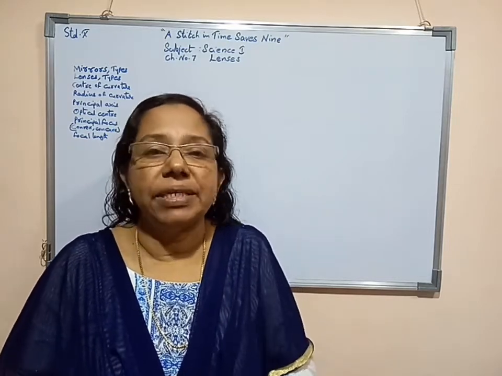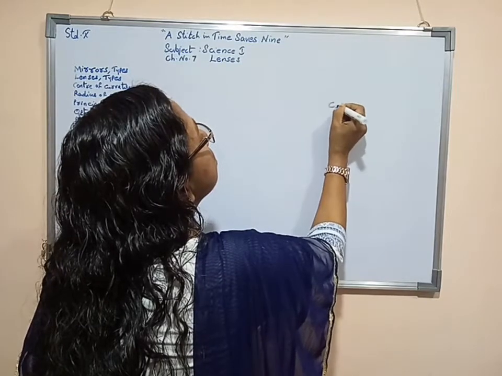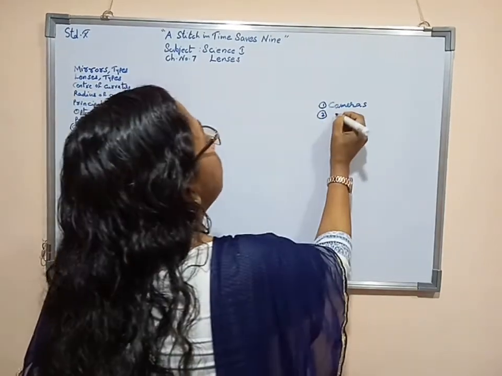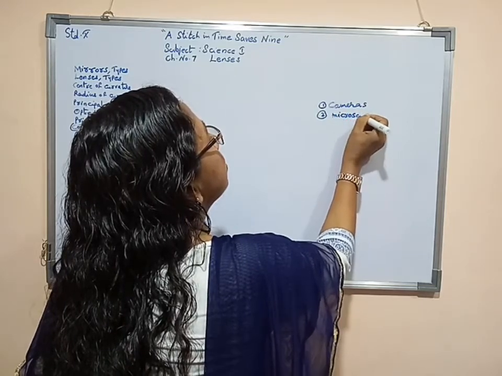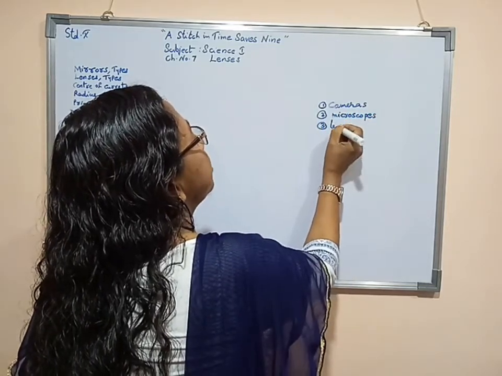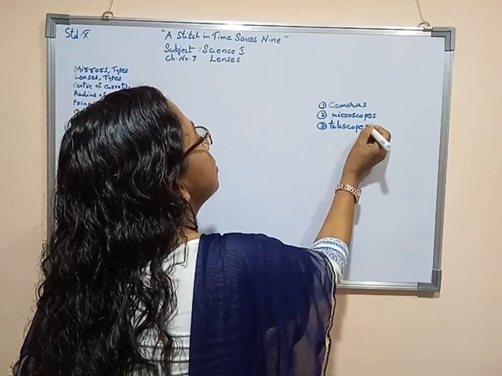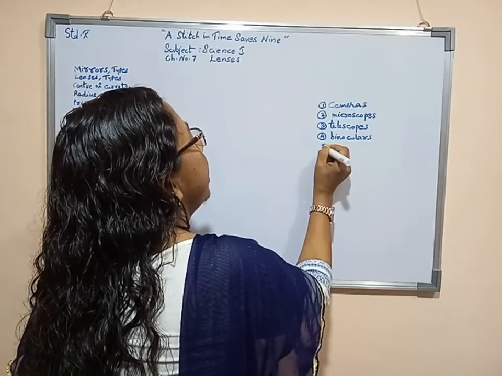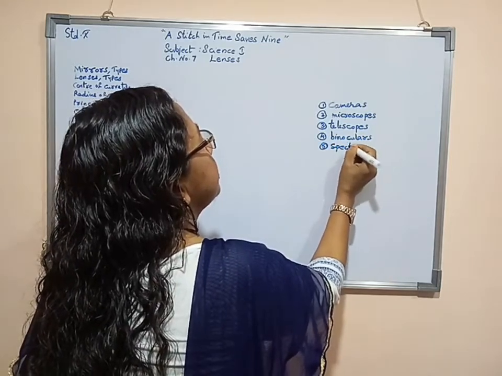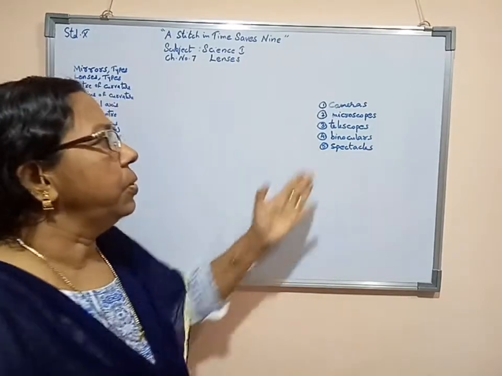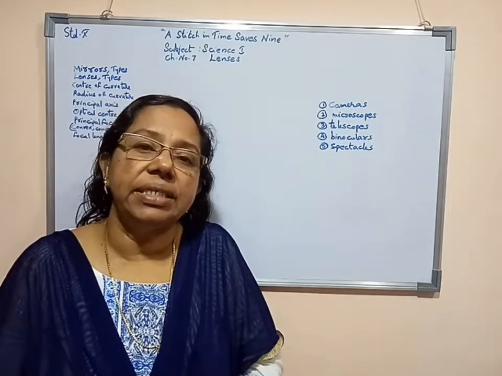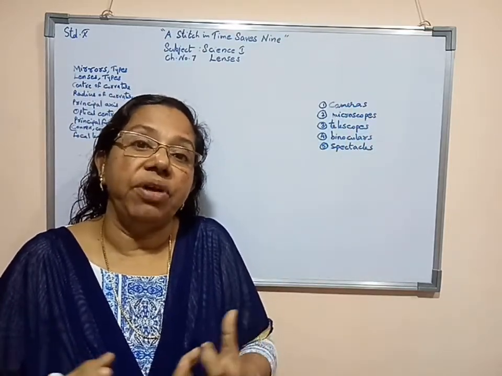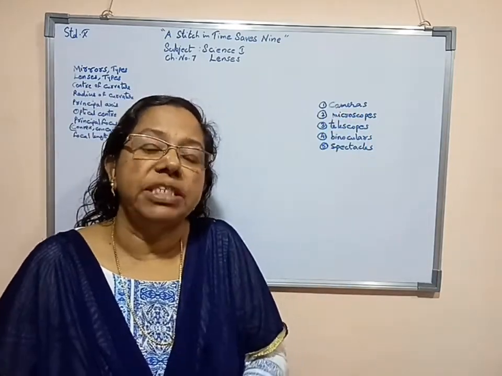Now, lenses are present in cameras, microscopes, telescopes, binoculars, and spectacles. Lenses are present in various devices: inside cameras, and inside microscopes, compound microscope and simple microscope.